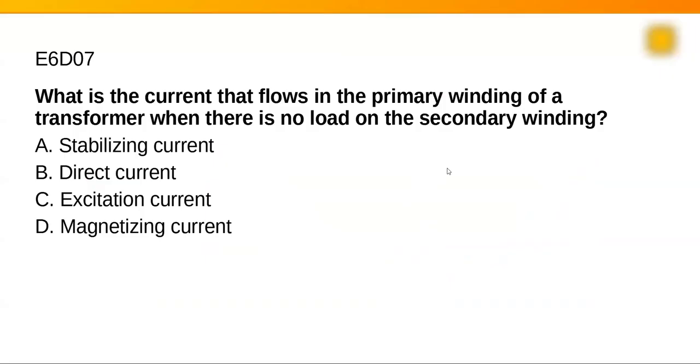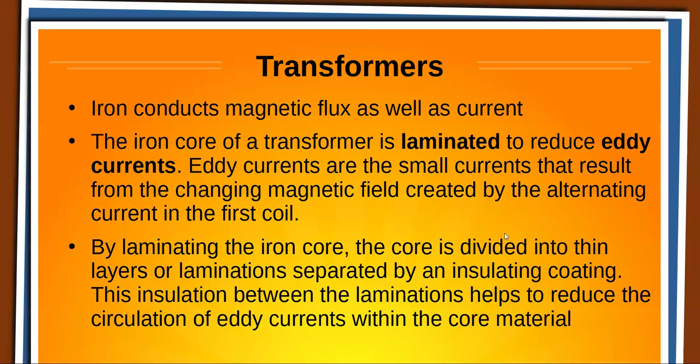So what's the current that flows in the primary winding of a transformer when there's no load on the secondary? Okay, so if it's a power transformer, we typically use iron. It's some kind of special silicon steel that they normally use.